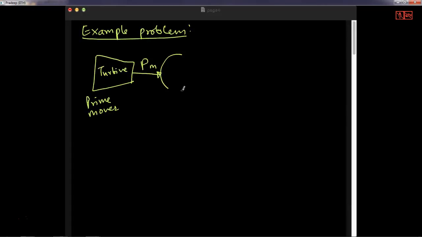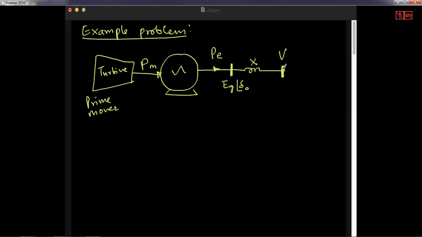And then there is a generator, and this generator is generating the electrical power PE. So EG is the internal voltage of generation, delta naught is the initial angle, X is the reactance of the generator, and V is the terminal voltage of the generator. So this is the system.